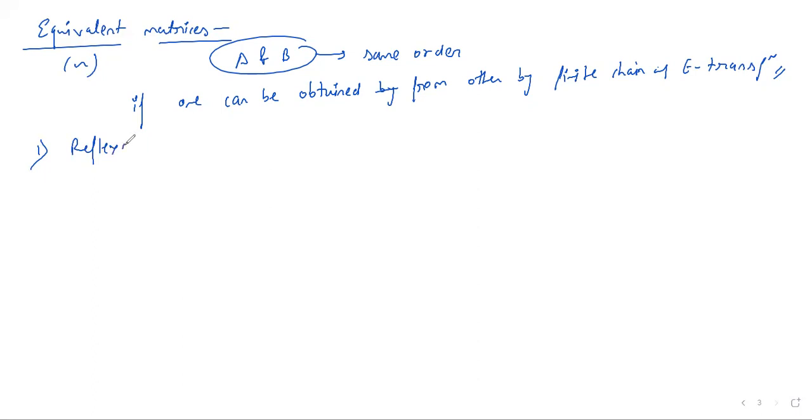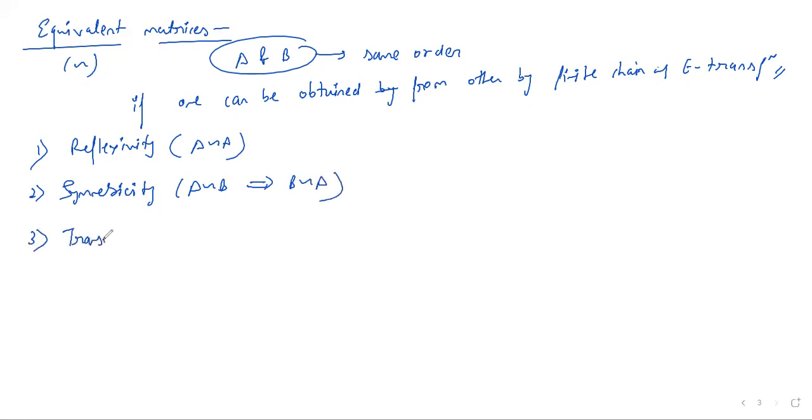We have done this many times: the equality conditions say it should be reflexive, that is, A should be equivalent to A. Second is symmetry, that is, if A is equivalent to B, then B is equivalent to A. Similarly, the third property is transitivity, that means if A is equivalent to B and B is equivalent to C, then A is equivalent to C. So this is the condition when we say that two matrices of the same order are equivalent: if one can be obtained from the other by applying a finite chain of elementary transformations.